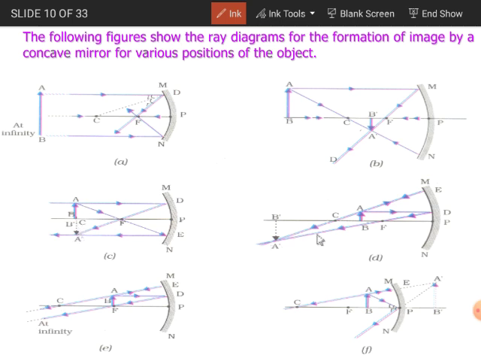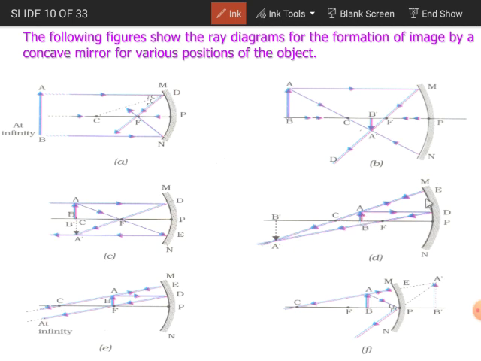Got it? And if the object is placed still closer toward the mirror, let's keep the object near the center of curvature and the pole somewhere here. The two rays: one parallel to the principal axis, after incident onto the concave mirror, will pass through the focus, no doubt. And another ray passing in this direction, after the reflection, will come out to the center of curvature.